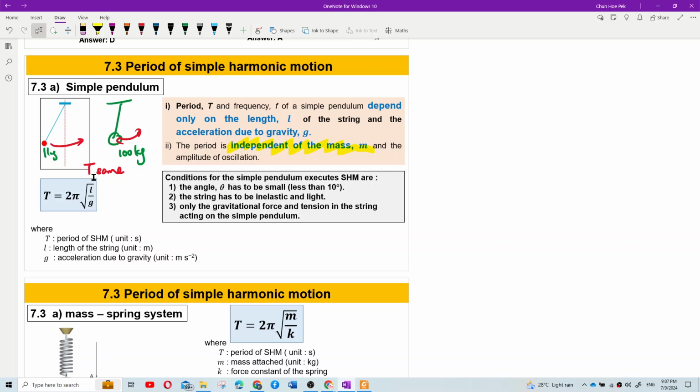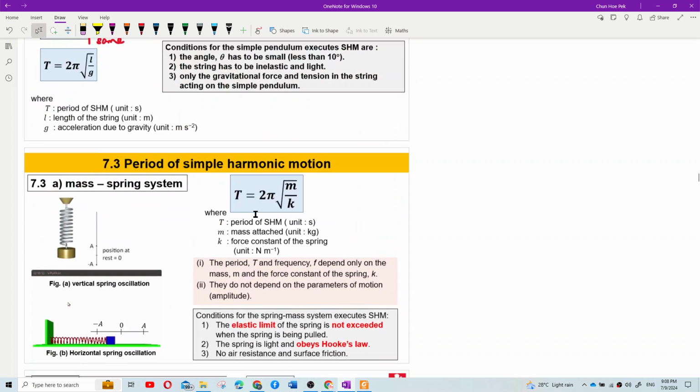Orang dewasa dengan budak kecil, siapa punya period lebih lama? Sama kan? Okay. Sama ya. Kalau mass pula M over K lah.